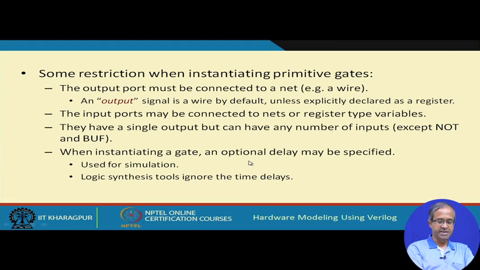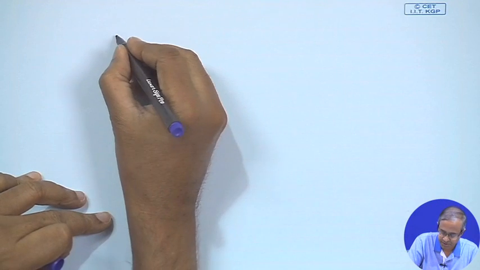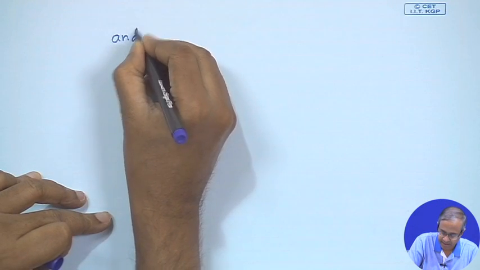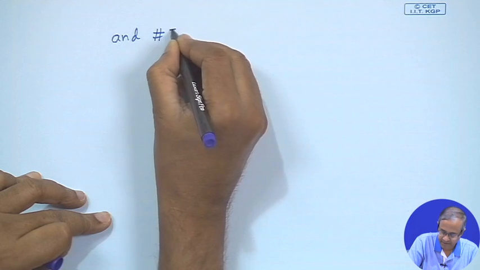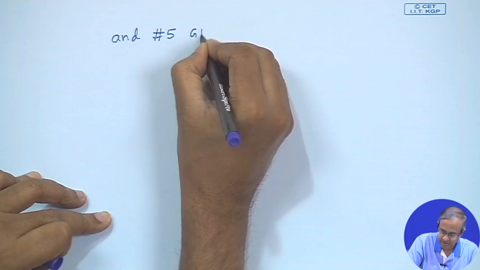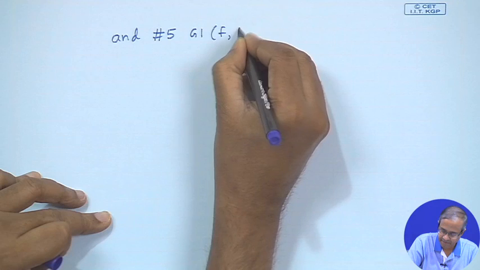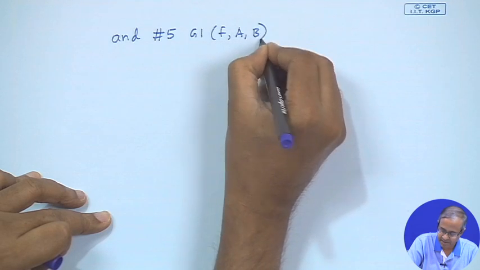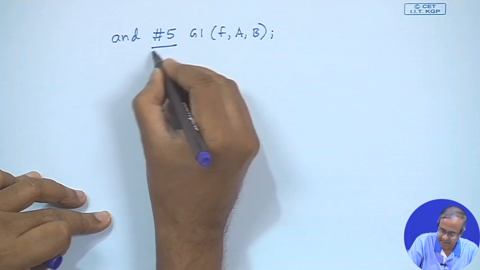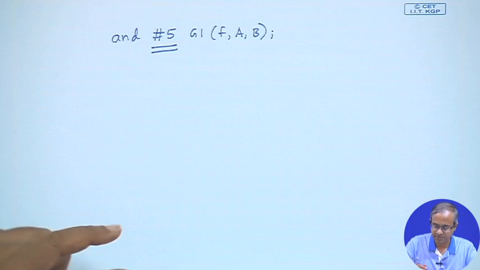Well, you have seen in the earlier examples that when you instantiate a gate, you can specify an optional delay. Suppose you specify an AND, you can write and #5 G1 (F, A, B) like this. Now, this delay is again only for simulation purposes.